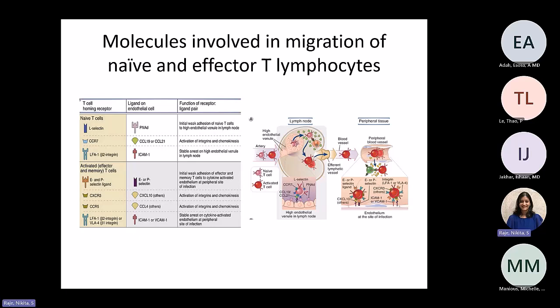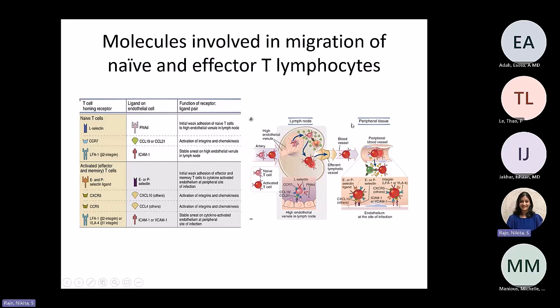The table here pretty much gives you the same information, showing how there is interaction between the various adhesion molecules for naive T cells, and comparing them to activated or effector T cells. The L-selectin for naive T cells versus the E and P selectin for the activated T cells. And then you see some of the other interactions as well.